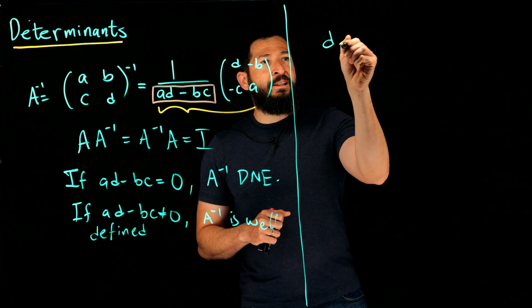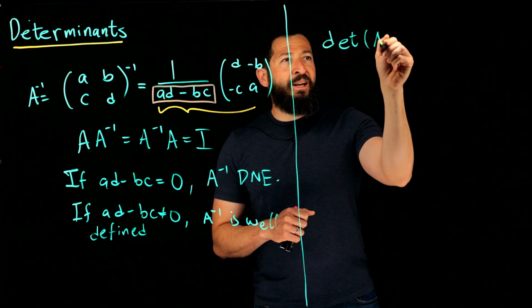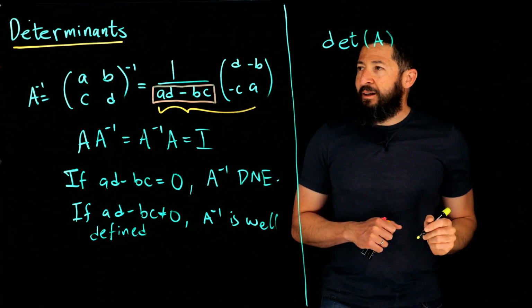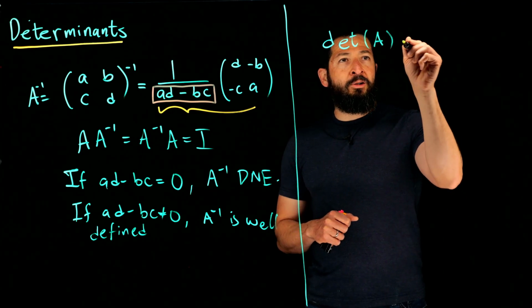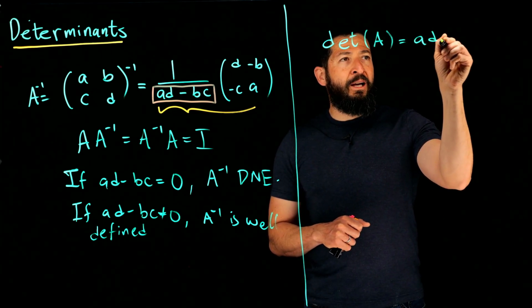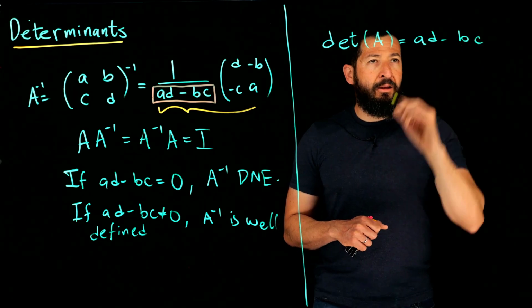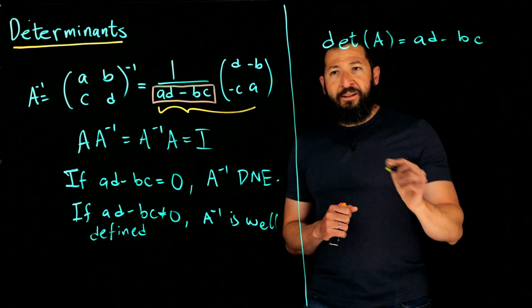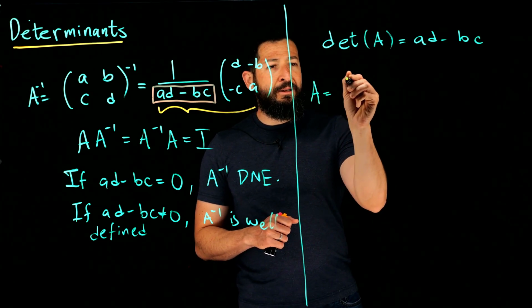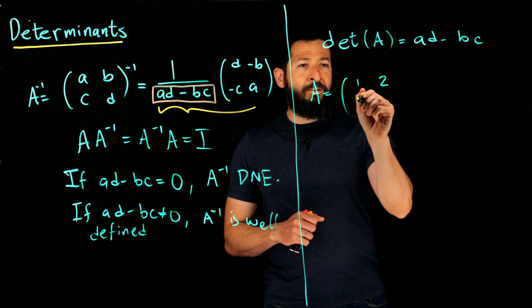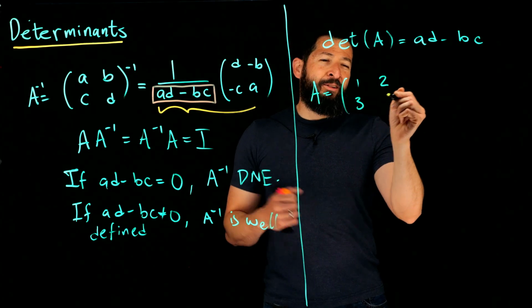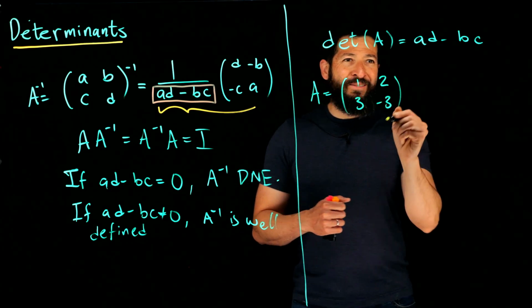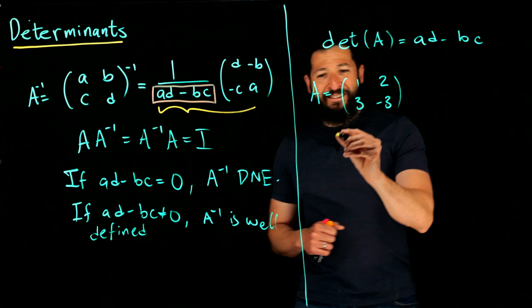So we're going to say that the determinant of the matrix A, when A is the 2 by 2 matrix I wrote there, is going to be given by AD minus BC. So for 2 by 2 matrices, it's very easy, because if you have the matrix A being, you can say 1, 2, 3, let's not do 4, -3, just to have some variety, and you're going to compute the determinant.